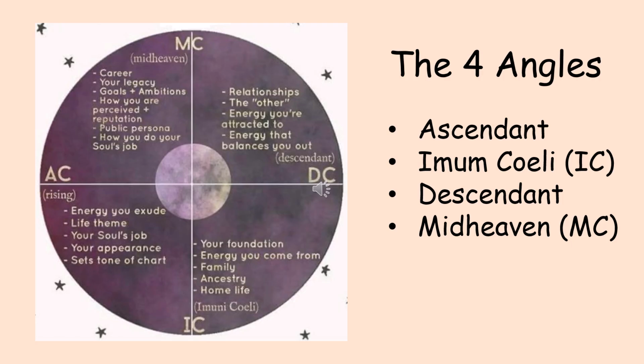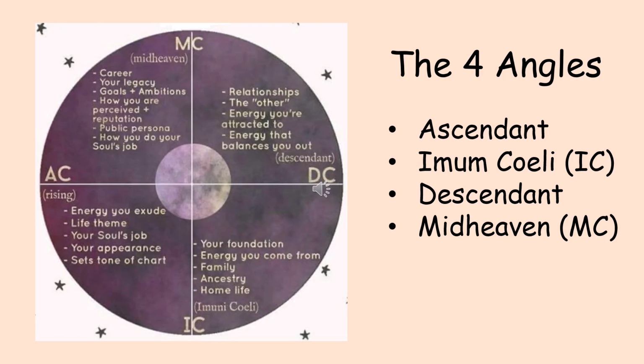Okay, so the ascendant on the eastern horizon is the sign that was rising at the moment of birth. Now I will be having an individual video on each of these angles going forward, but for now I'll just give a brief overview of what each of these stand for. The ascendant has to do with the person's sense of self and what they project outward, how people see them.